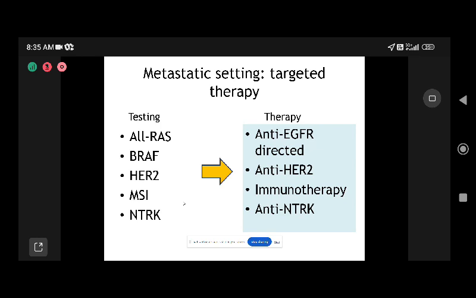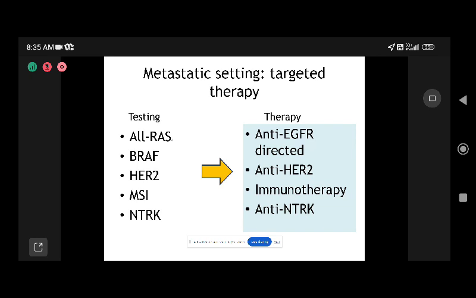This was in the resection specimen, and last but not the least, in the metastatic setting, we get tissues to see whether we can do further testing to see whether this patient is eligible for some targeted therapy or not. In the metastatic setting, we do all RAS testing, where you want to see whether the patient has KRAS, NRAS or HRAS mutation.